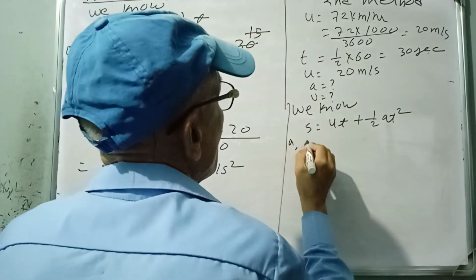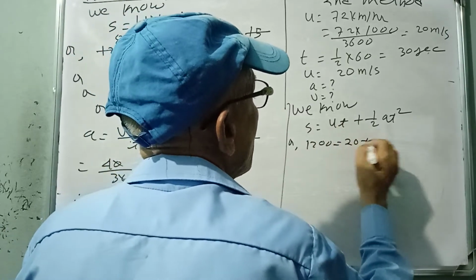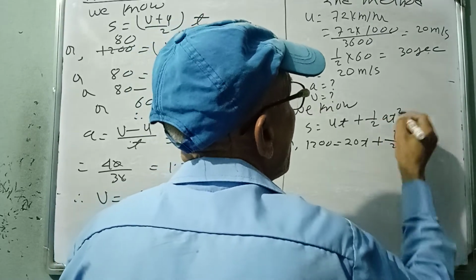S 1200, u 20, t plus half into a unknown.